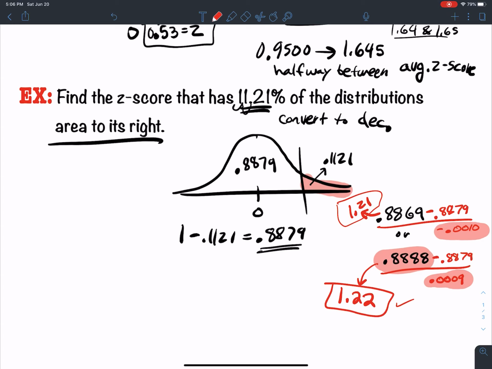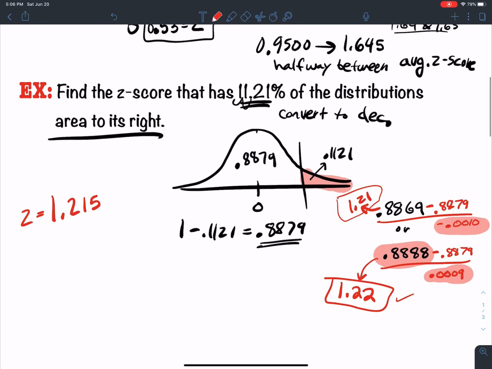Okay, so it might be closer if you actually average, which would give you 1.215. If you actually did this in the calculator and you did your normal CDF, you might find that 1.215 is a better estimate than the 1.22, since it's so close to being right there in the dead center.